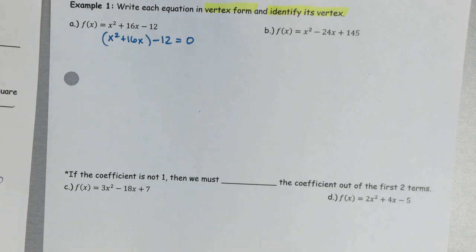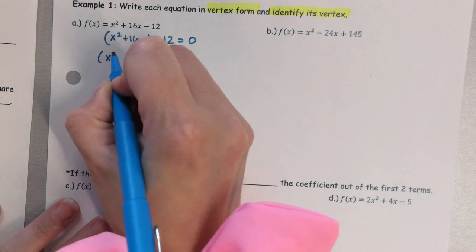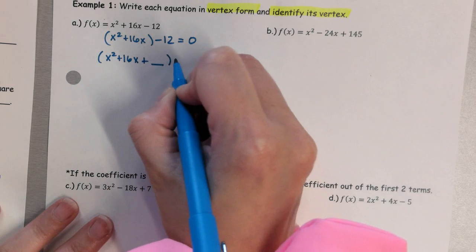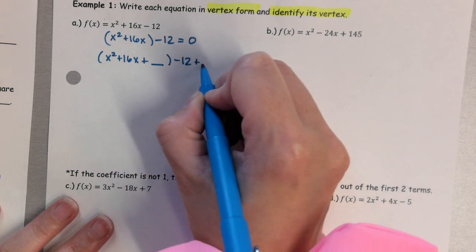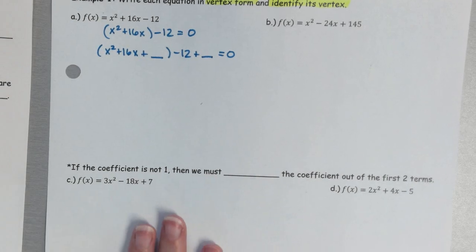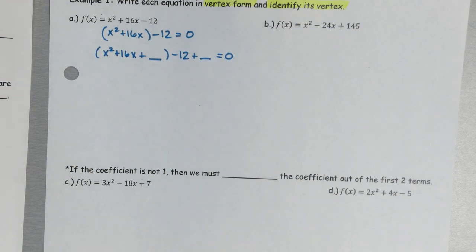Okay, so we're going to group the 2 x terms. As you get more comfortable with this, you really are just going to jump down to the next step, which is putting in those blank spaces. So this is very similar to what we did yesterday. The only difference is both of the blank spaces are on the same side of the equation. So we're going to talk about that.